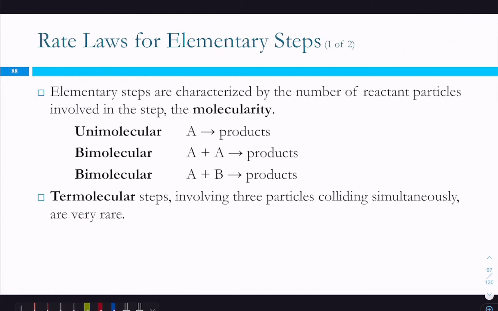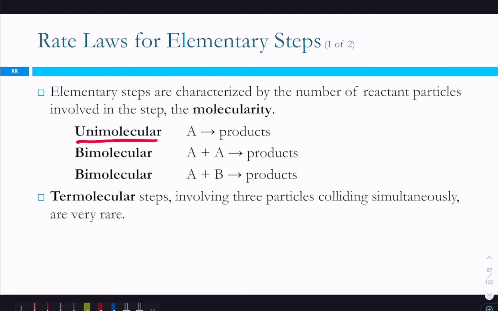We can't look at the reaction and say it's going to be second order for iodine monochloride and first order for hydrogen. We have to actually do the experiment. For the elementary reactions that we're going to be creating, you can use molecularity to determine what the rate order for that elementary step is going to be. So it becomes pretty simple here.